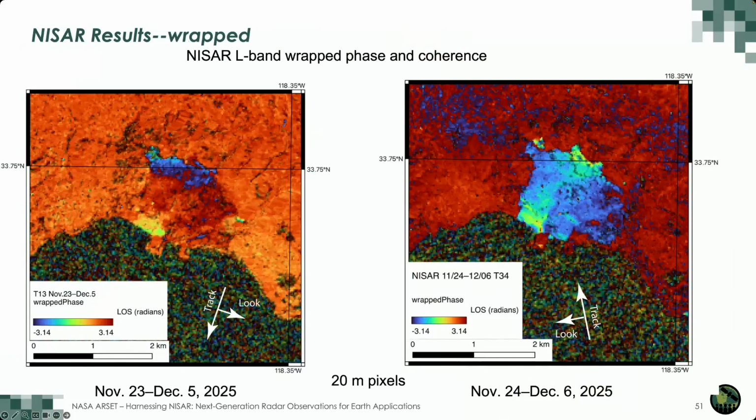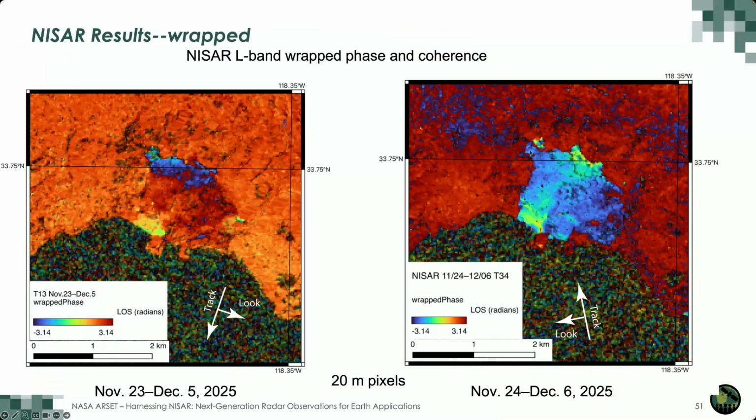And that's, again, because we're measuring the surface displacements in this radar line of sight direction. For the descending track, the line of sight is to the east, slightly south, and on the ascending track, it's to the west and slightly south. So the horizontal motions in these two look directions are going to have opposite signs, and the vertical motions have the same sign.